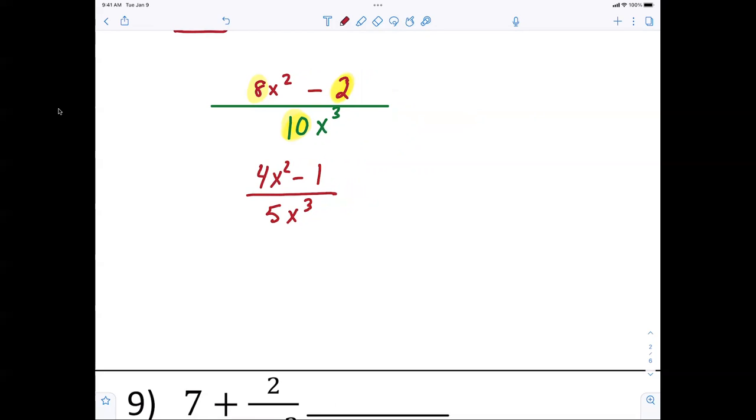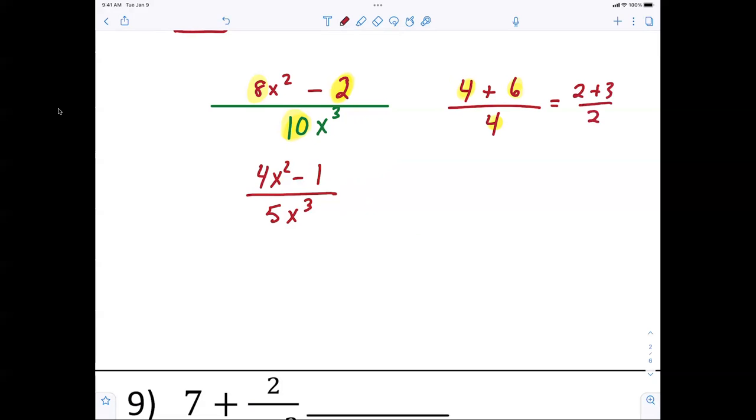So look up on the board. 4 plus 6 divided by 4. I can't just cross out the 4s. But I can say each term is divisible by 2. So I can say that that's the same as 2 plus 3 over 2.